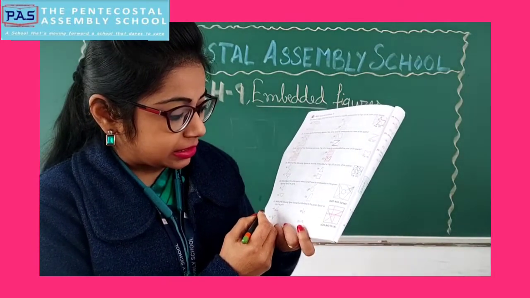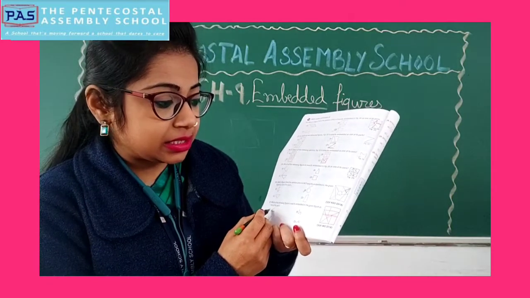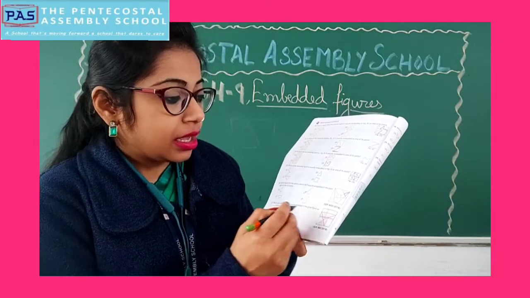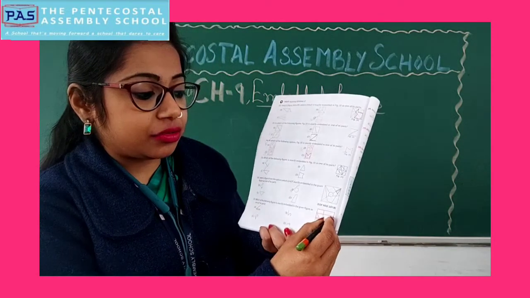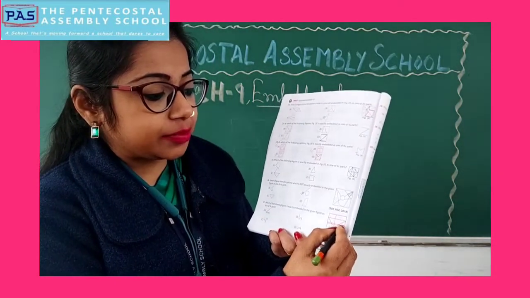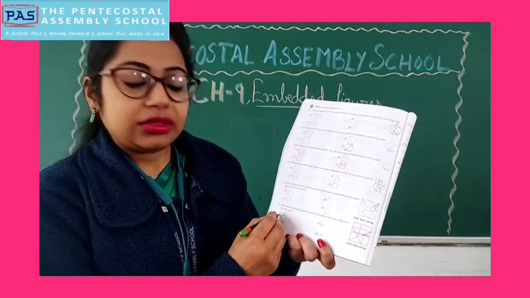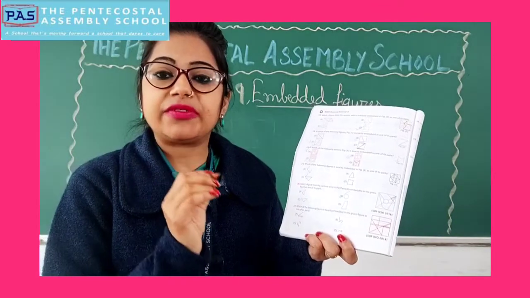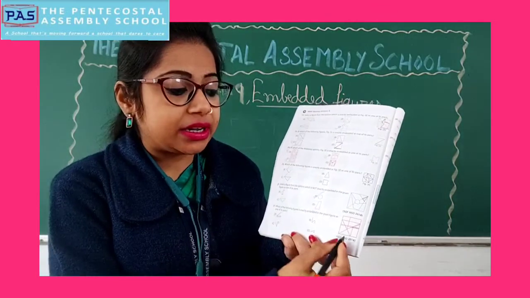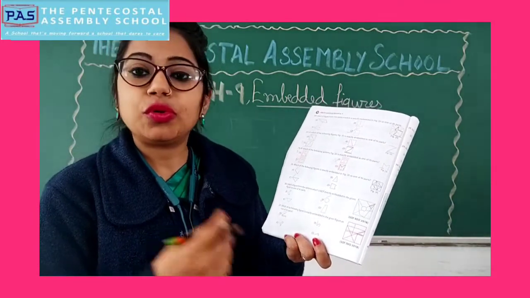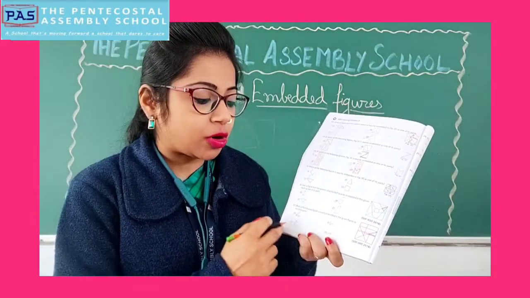Yes, I can see that this is embedded inside. The part given in option A is embedded in this figure. So your answer will be option A. No need to check the other options.